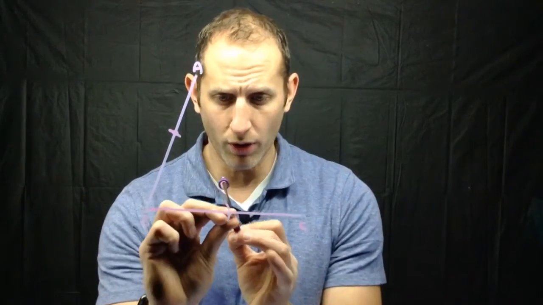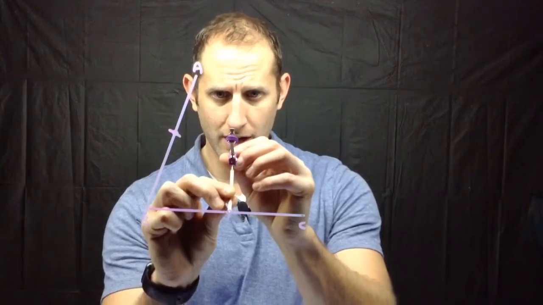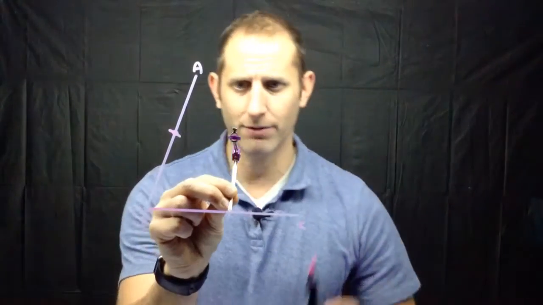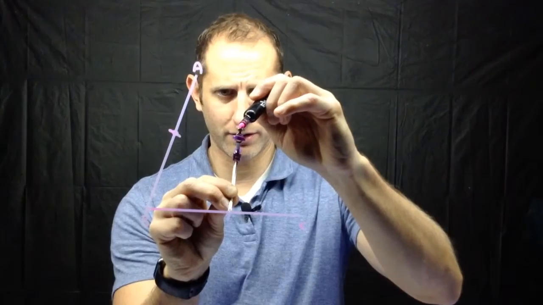So you put your compass on that new vertice, and then what you want to do is have an intersecting point without moving the compass. It's tougher to do on glass than I thought. So I'll just follow this right here.